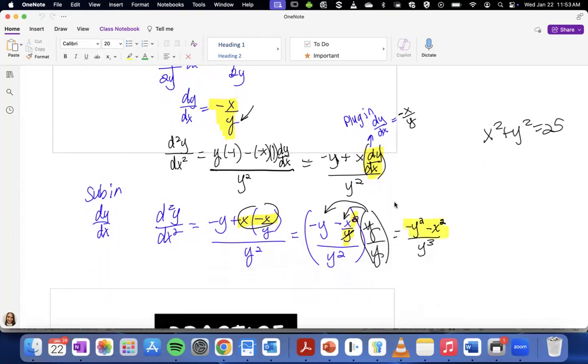I could factor out a negative 1 and get x squared plus y squared all over y cubed, right? And this is 25. So I can replace x squared plus y squared with 25. So my final answer that you would see in the book is d squared y over dx squared is negative 25 over y cubed.